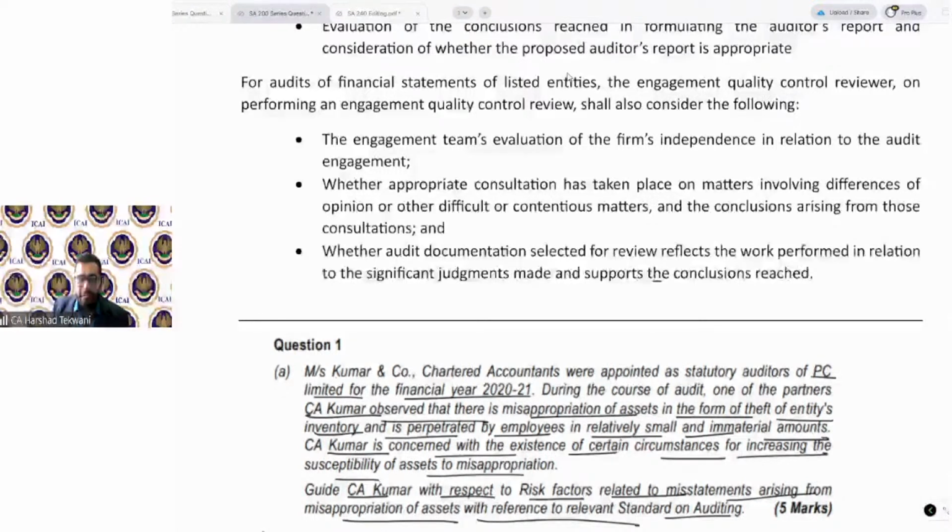What could be the risk factor here? Just now we discussed about the fraud risk factors.